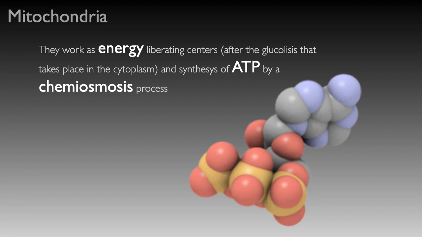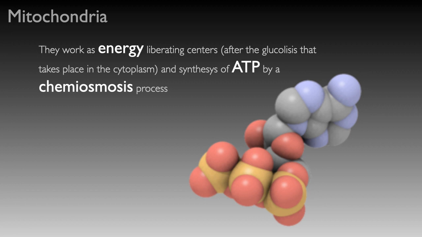This makes the cell build and place many glucose transporters in its membrane, so glucose is transported first into the cytoplasm.